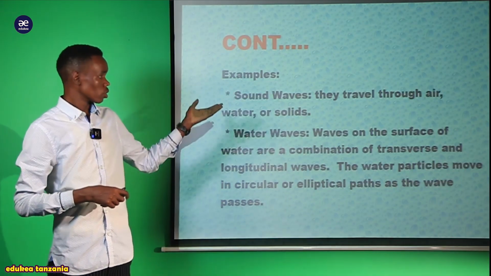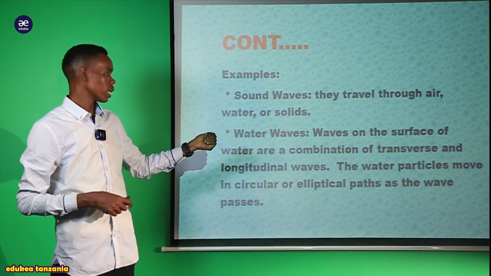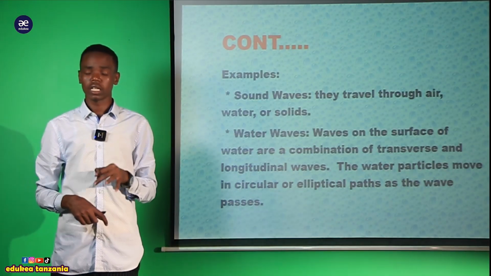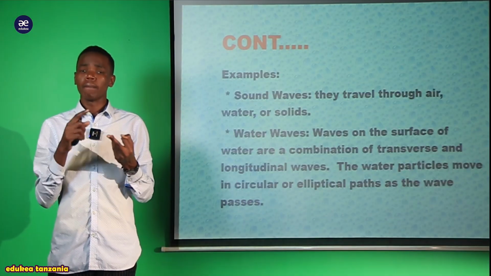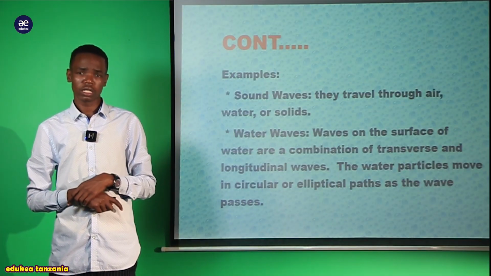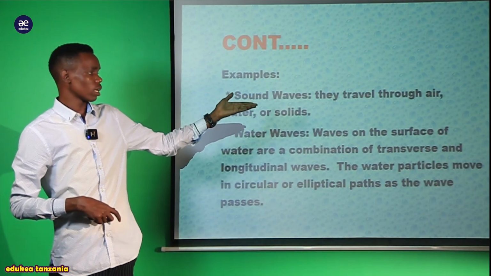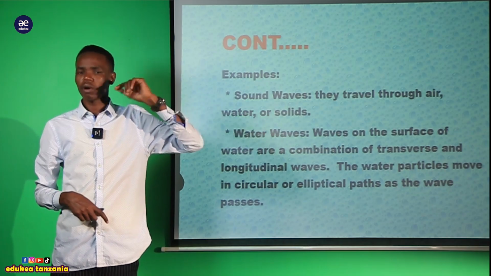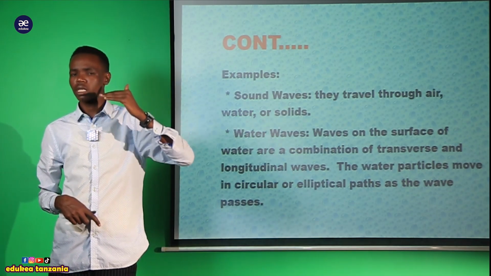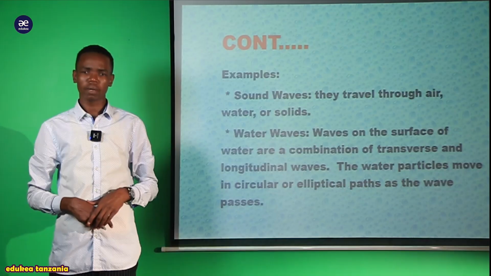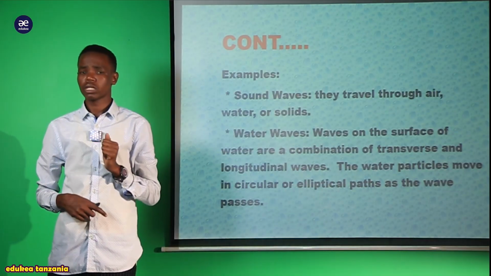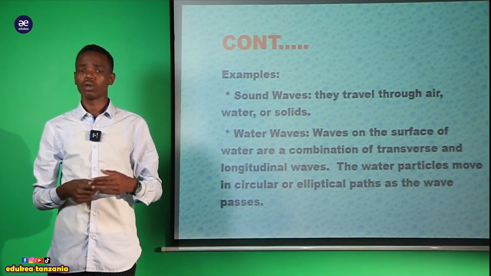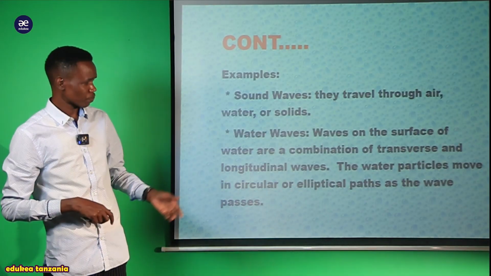Sound waves travel through air, water, and solids, so they can propagate in three states of matter: the solid state, the liquid state, and the gaseous state, my dear students. In air, for instance, when you call someone, the sound waves are transmitted from one person to another, and in the end the person you call hears you because of the waves that are created and transmitted to them.